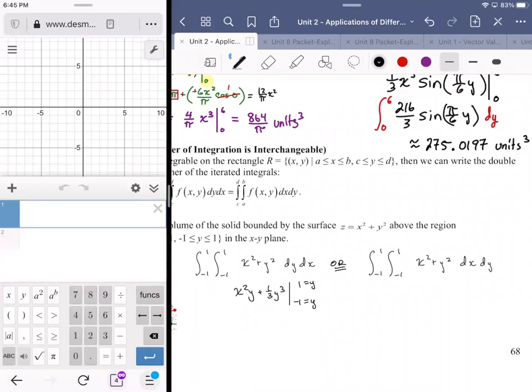That's x squared plus 1/3 minus, plug in a -1 for y. That's going to be negative x squared, and that's going to be minus 1/3. So negatives make positives when you put them together: 2x squared plus 2/3. Now I'm going to integrate that again, this time with respect to x.